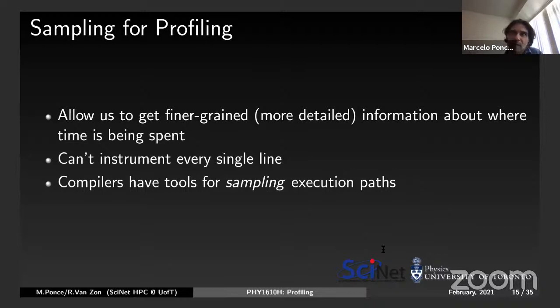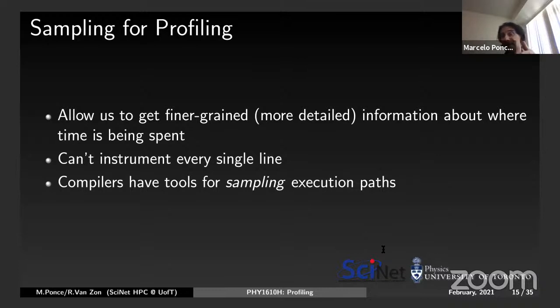So what this allows us to do is to get even finer grained information about where the time is being spent, because now I don't need to put tick and tocks all over the place to see, okay, is the actual operation within the for loop being expensive for the calculation, or what part of the I/O is the most demanding one. So instead of putting 1,000 tick tocks around the code, let's use the sampling approach.